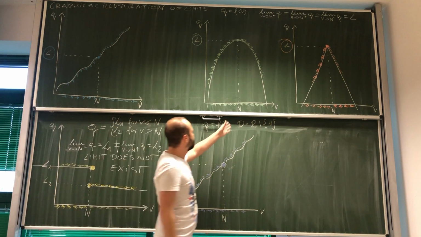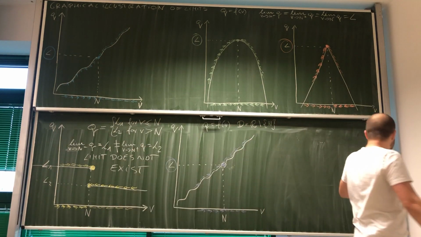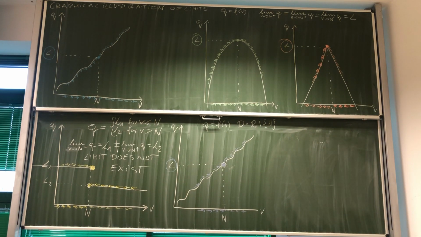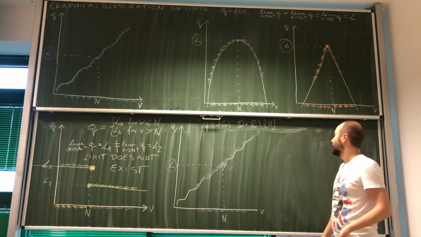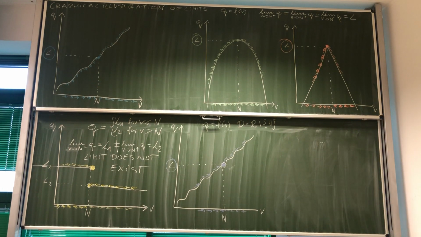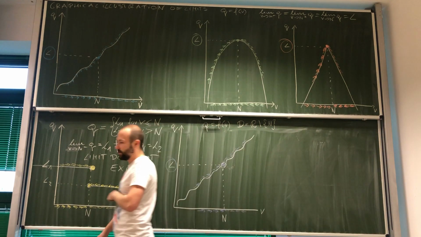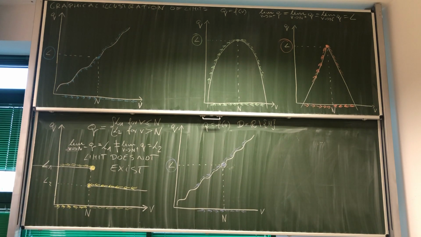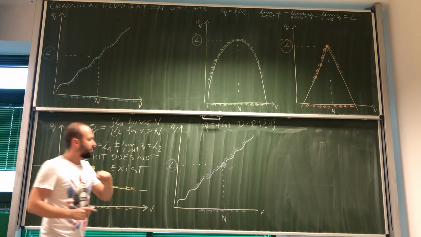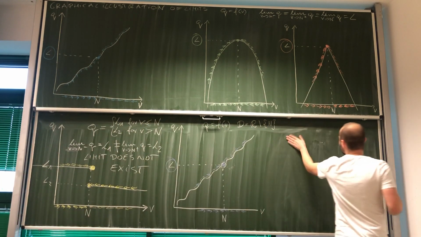So if we know how to do it for one point, basically we know how to do it at any other point. But of course, there are two special cases where this does not work. Although, you know what? Let's try one more case. Why not?